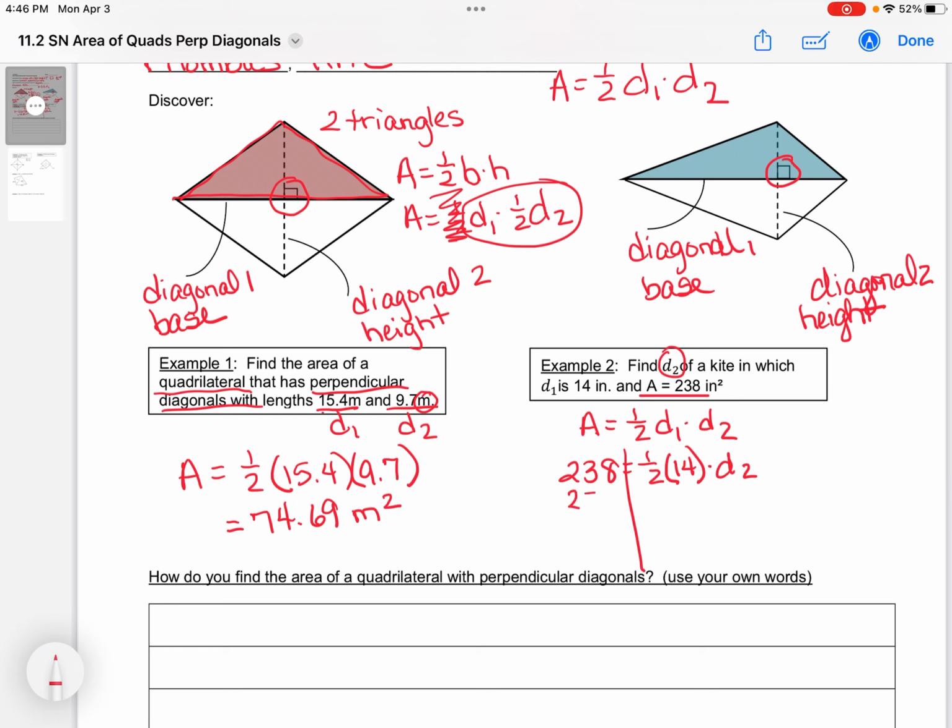So I'm going to multiply 14 times 1/2 or divide 14 by 2. And I end up with 7 times D2. I divide both sides by 7. And I end up with D2 equal to 34. And my units are inches.